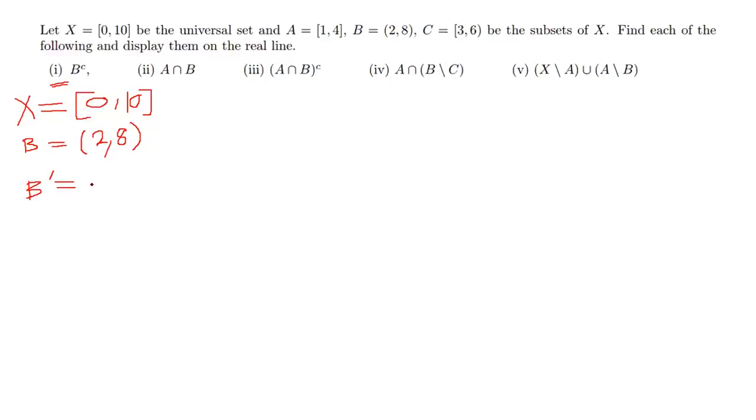The lowest number that we have is 0. So 0 is not part of B, meaning 0 will be part of B complement.